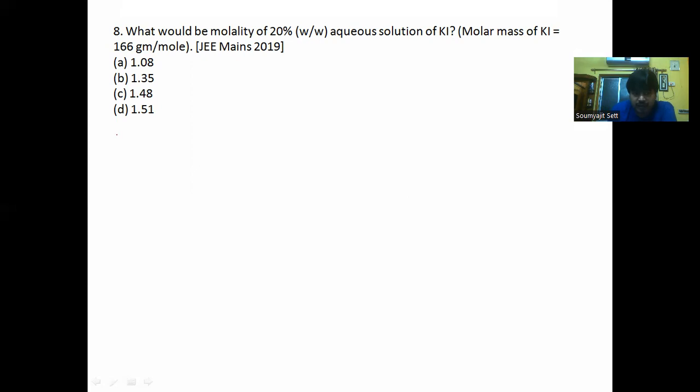That means 100 gram KI solution contains 20 gram KI.